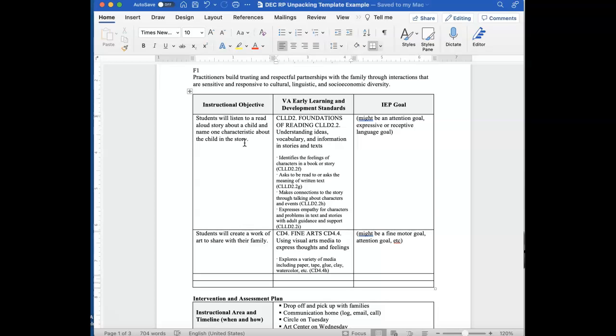I'm looking at receptive and expressive language. I'm just getting to know these kiddos. I want to see what they can do. I want to see what their attention is to a read aloud. I want to see if they have articulation challenges. I can look at cognition. I can do all kinds of different things through this one instructional objective, but in this unpacking document, I'm going to pay particular attention to how I build relationships.